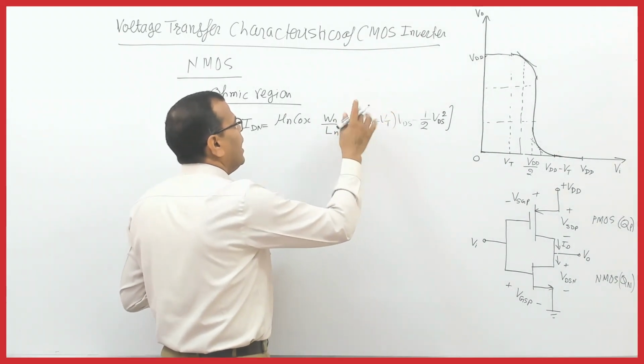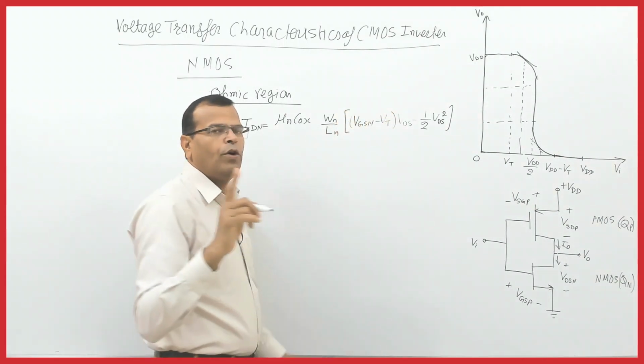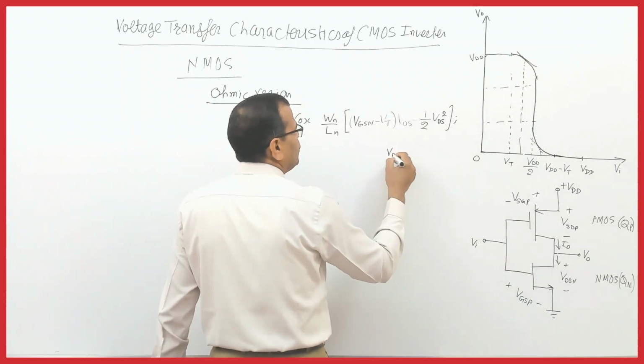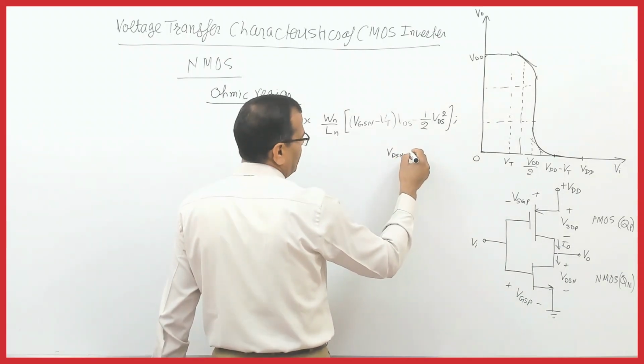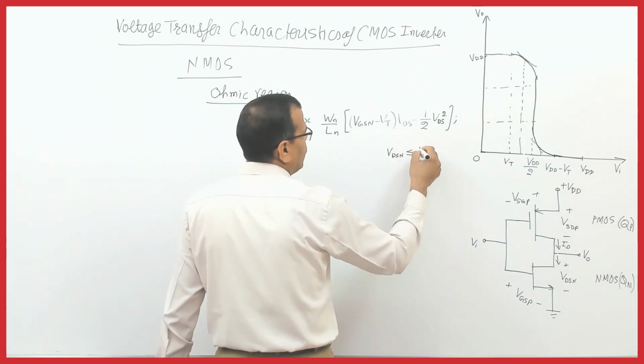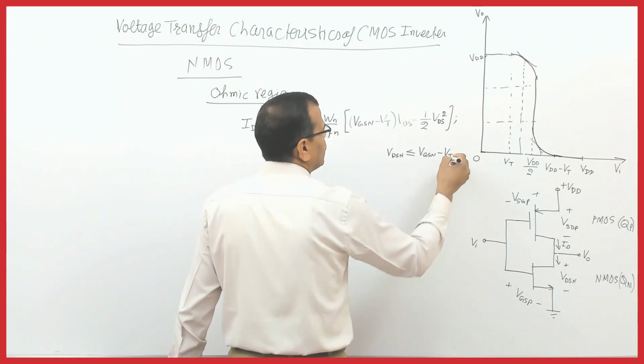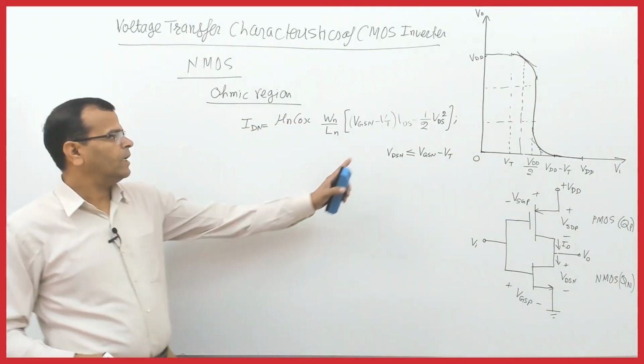Fine. And condition for operation in ohmic region is what? The drain to source voltage of NMOS must be less than or equal to VGSN minus threshold voltage. That is the condition for operation in ohmic region.